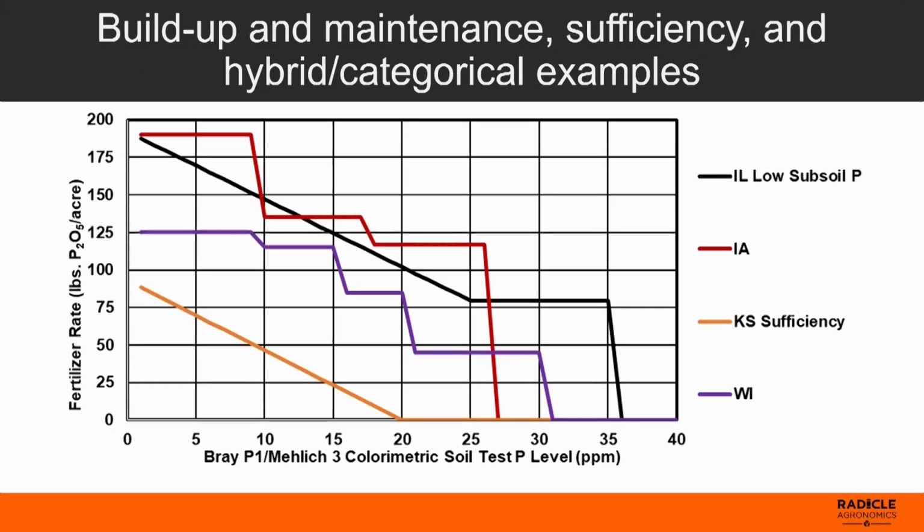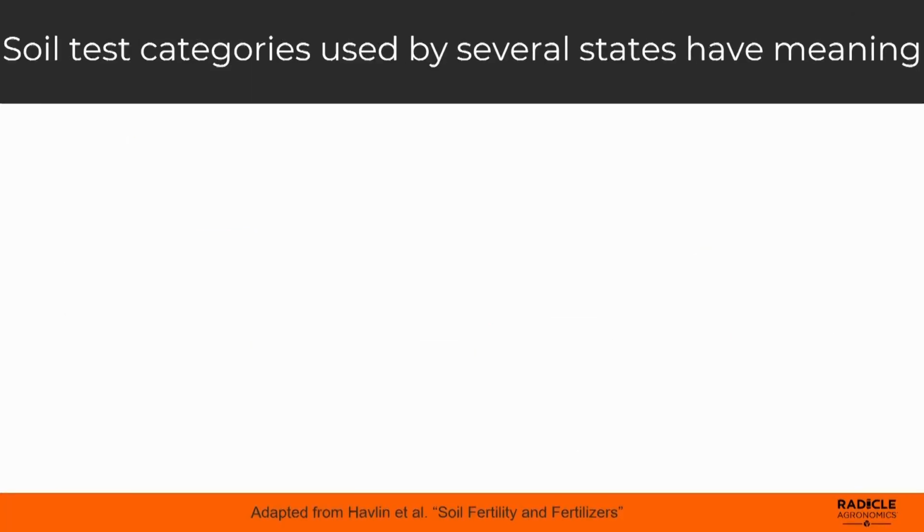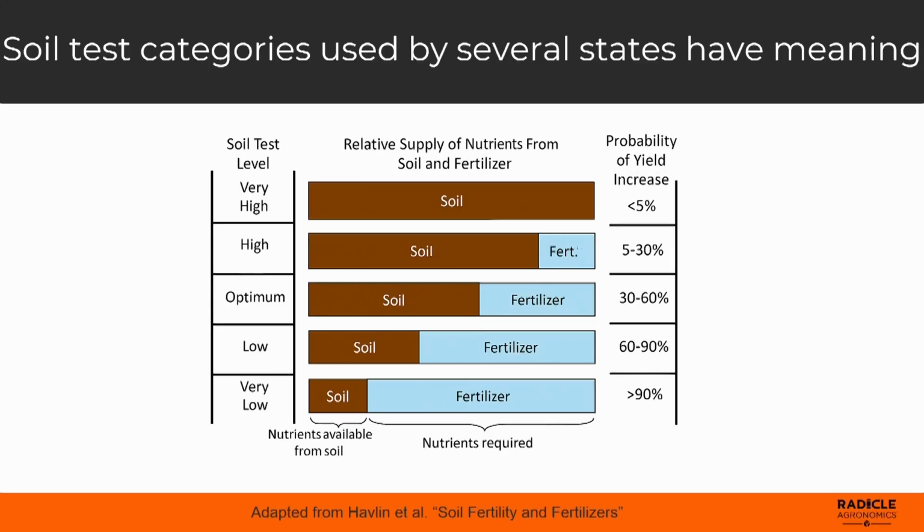So they break the soil test levels into classes, right? When you're low, you're going to be putting on more than crop removal, and then eventually you're putting on less than crop removal. So those categories have meanings, right? Basically, when you have a really high soil test level, you shouldn't get a response to applied nutrients.